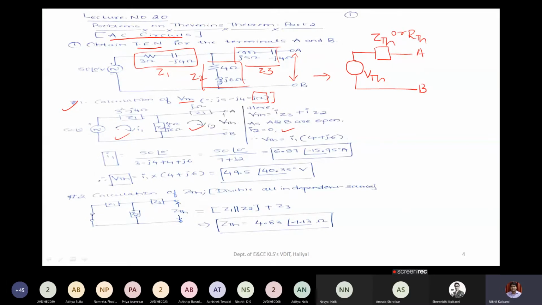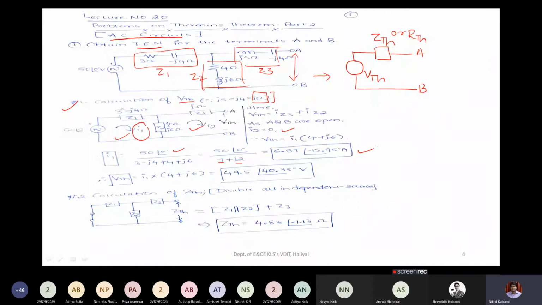Mesh analysis is then applicable only to the first loop, as the second loop is incomplete and its current is 0. So directly you can calculate I1. I1 is V divided by R, that is 50 at an angle 0 divided by Z1 plus Z2. Z1 plus Z2 is 3 plus 4, that is 7, and minus J4 plus J6, which results in plus J2. If you calculate that, you get I1 as this value.